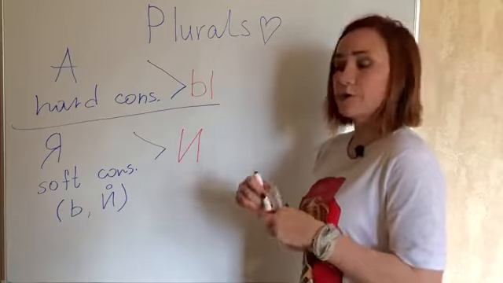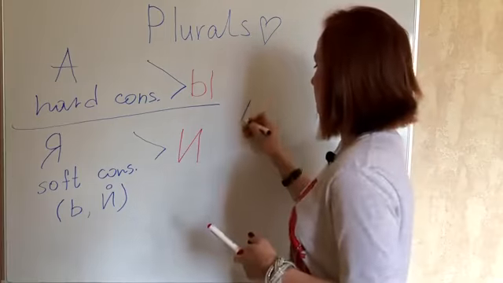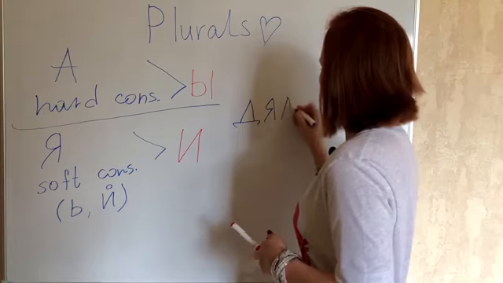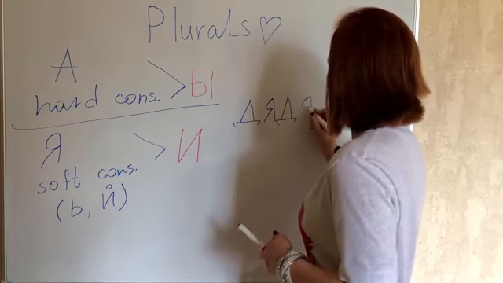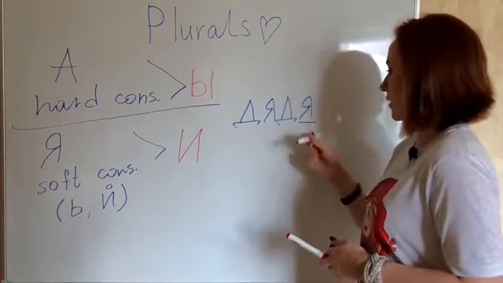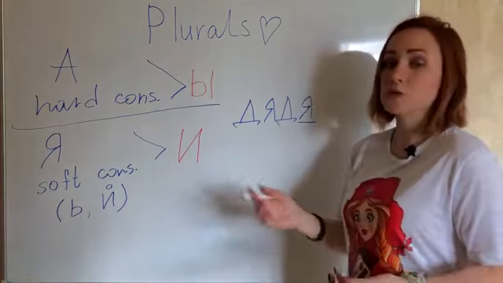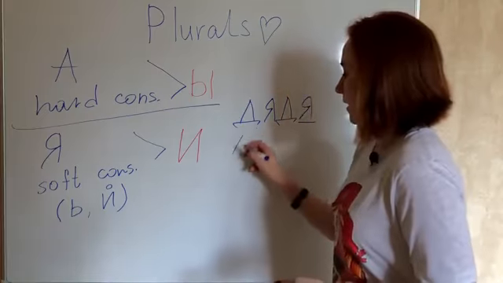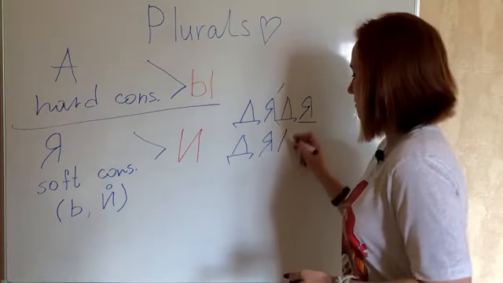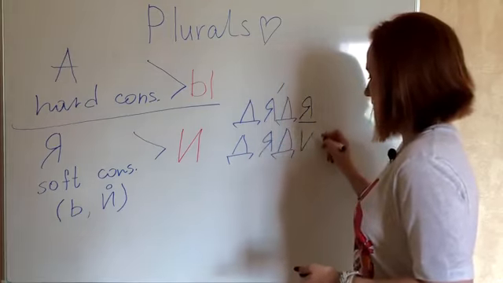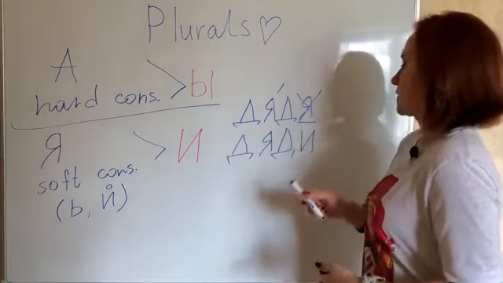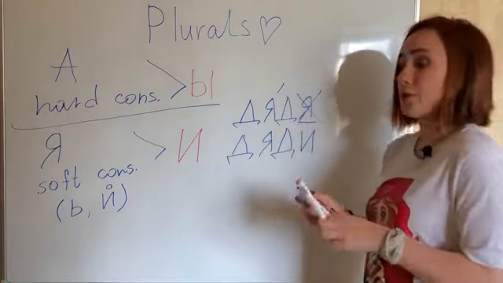For example, the word uncle, дядя, дядя. We see that it ends with Я, right? So we replace it with И, and we get дяди. Yeah, you see, we got rid of this one and replaced it with И, дяди.